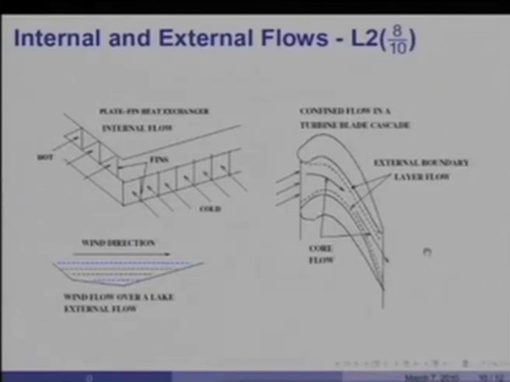Now, of course, from the heat transfer point of view, what we are interested in is the heat transfer at the wall, and it so turns out that in such flows, in the core of the flow, the temperature would almost be uniform, and so would the velocity be more or less uniform, whereas the greater part of the variations of velocity and temperature would be confined to an extremely thin region close to the surface of the blade.